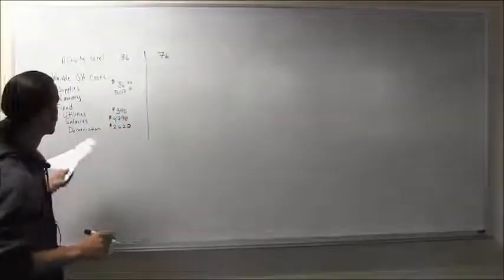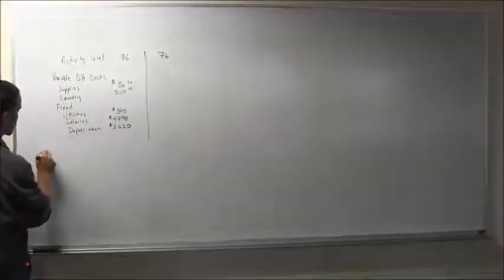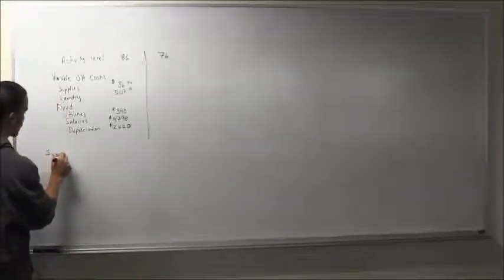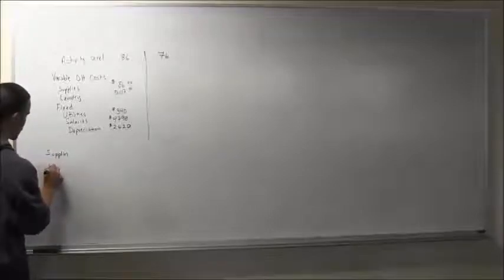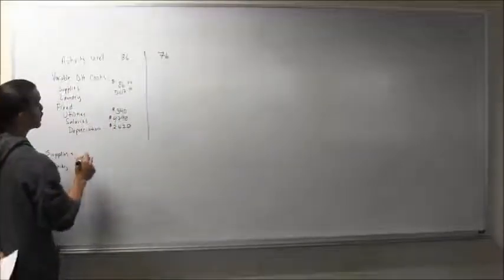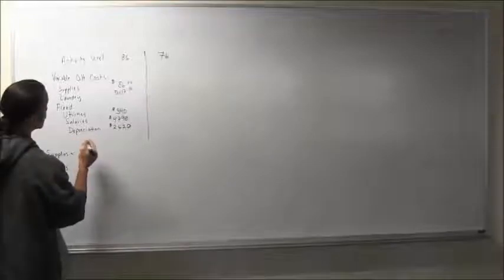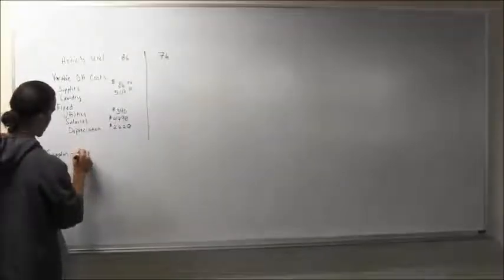Okay, so the first thing you want to do is look at your variable expenses, your supplies, and your laundry. And you want to get your activity level rate.